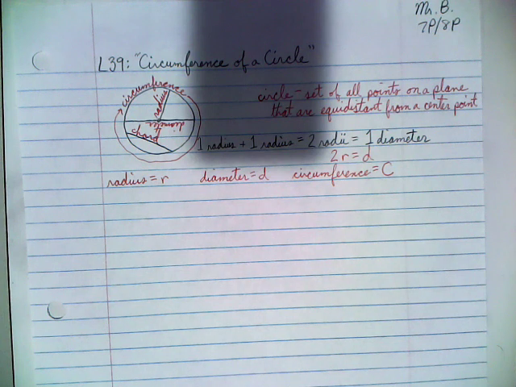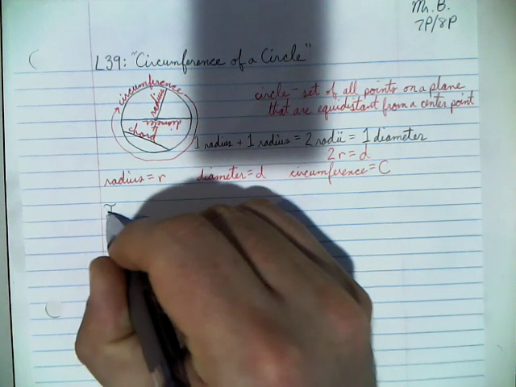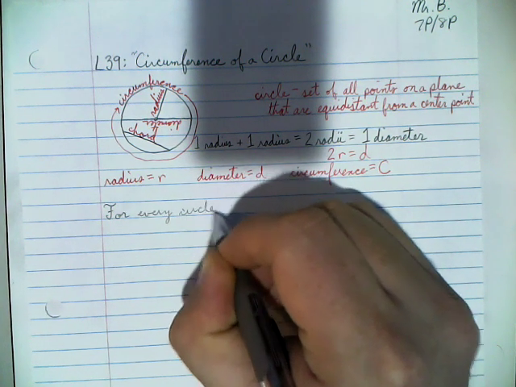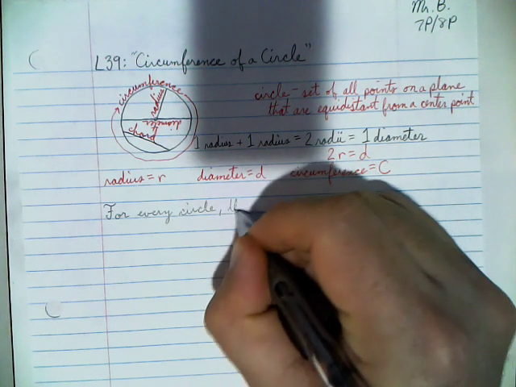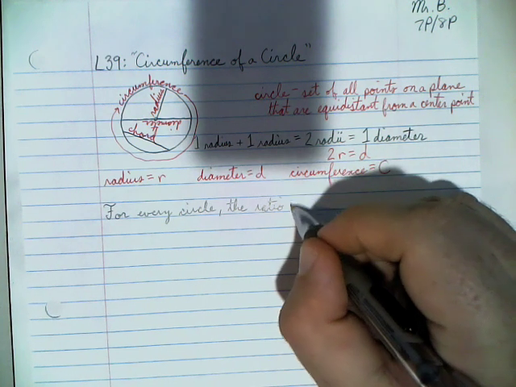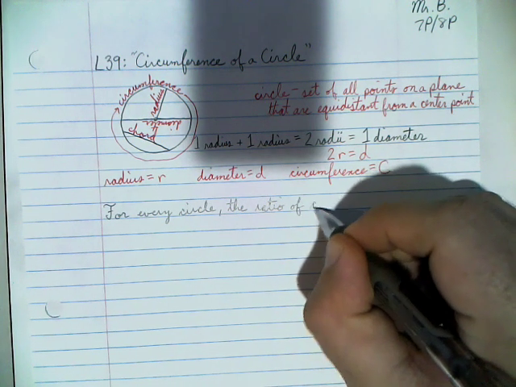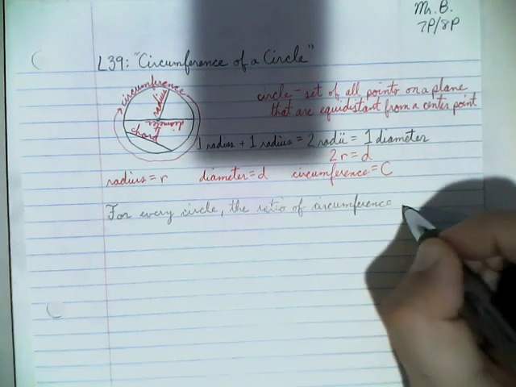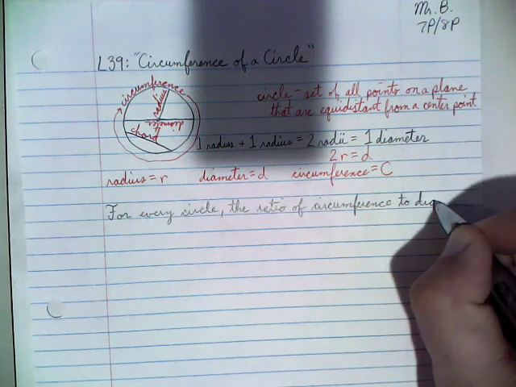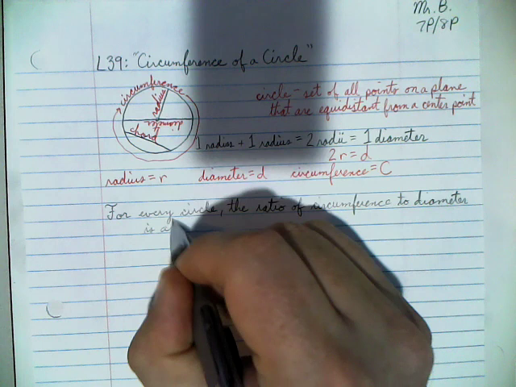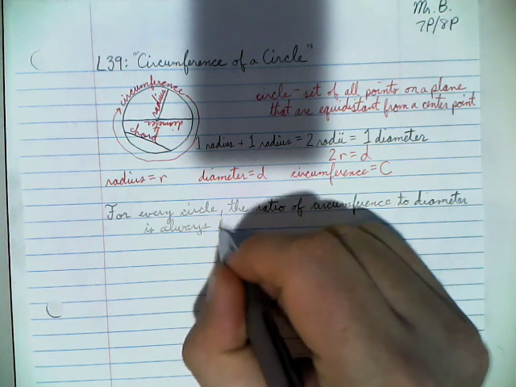Now, every circle, every true circle, has the exact same shape. So because of this, for every circle, the ratio of circumference to diameter is always the same.